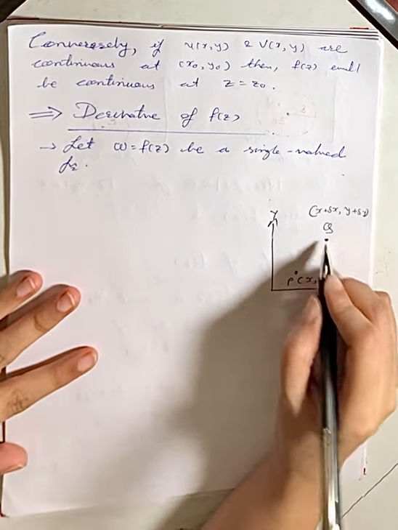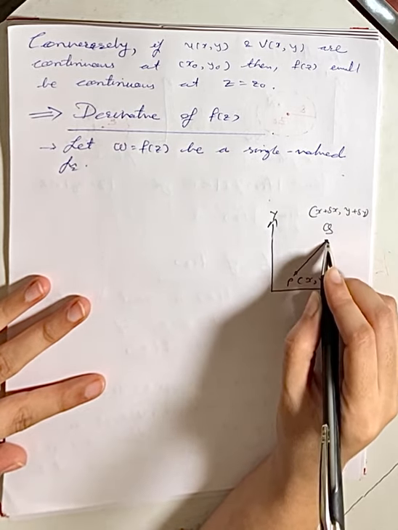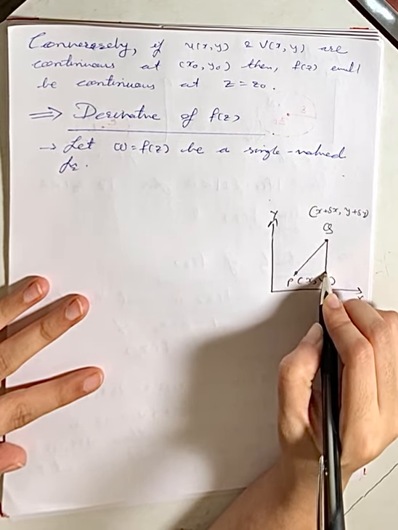The very trivial way is the straight line. Then you could move in a rectangular path like this.